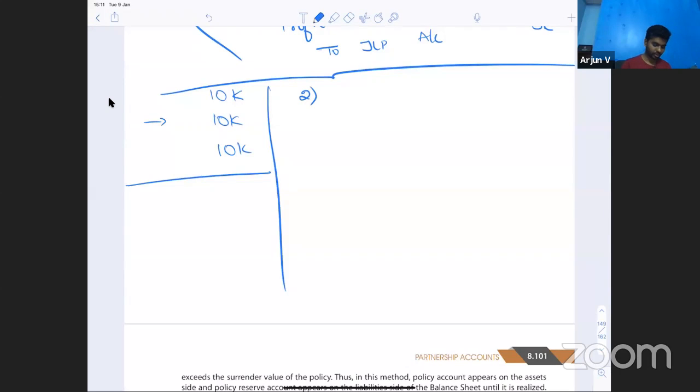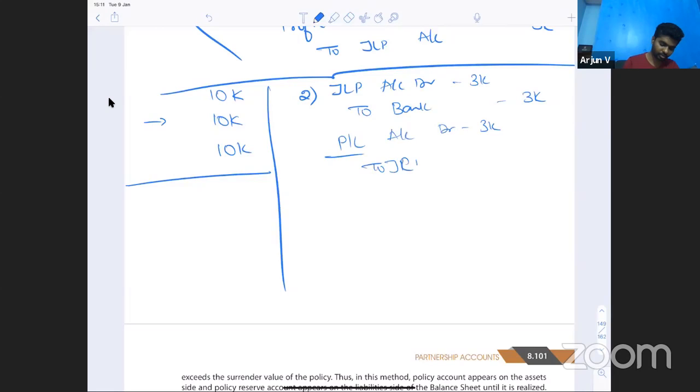Second year you paid again the same, so the journal entry will repeat: JLP account debit to bank 3,000, then profit and loss account debit 3,000 to JLP account 3,000. Two years passed by, you paid premium.